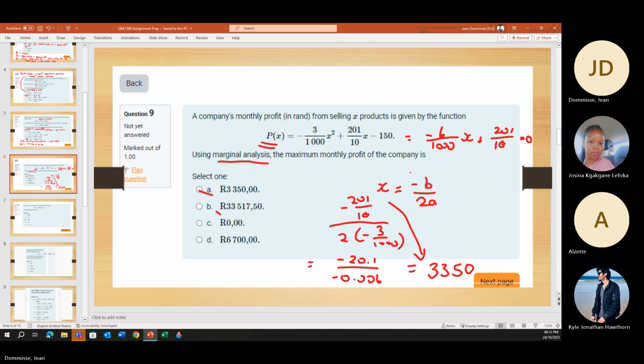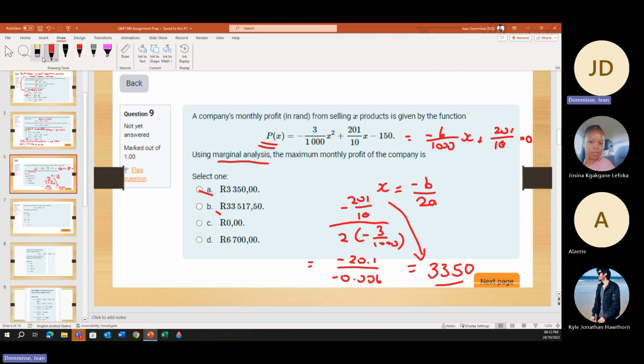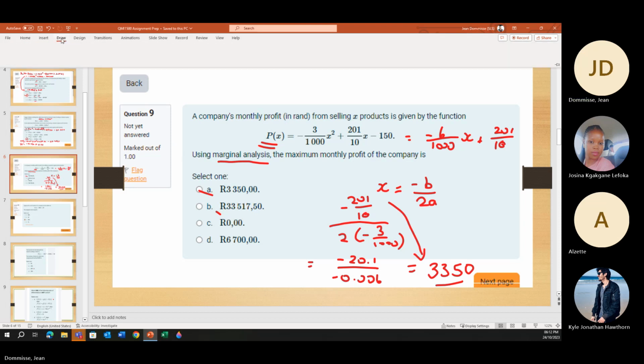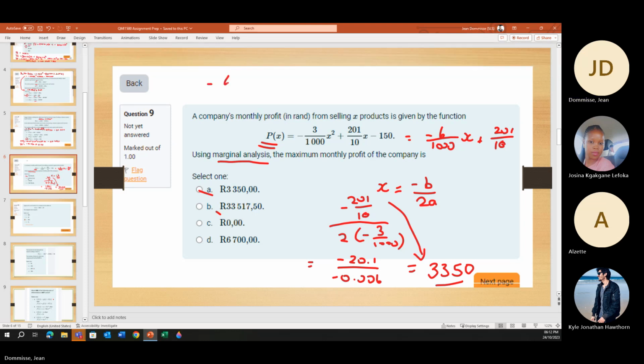So we've got the X, which was how many, but we still need to use your marginal revenue curve. So let's just... Okay, so this is the marginal revenue curve.